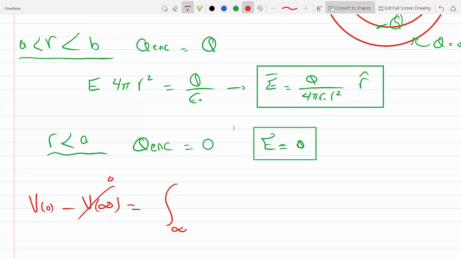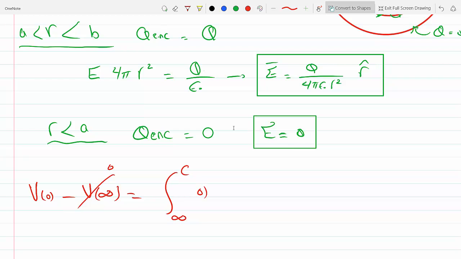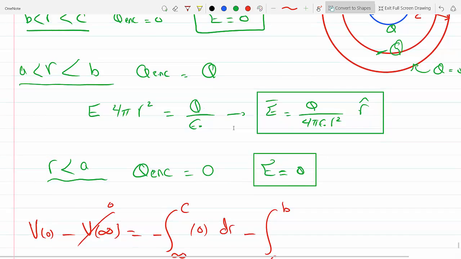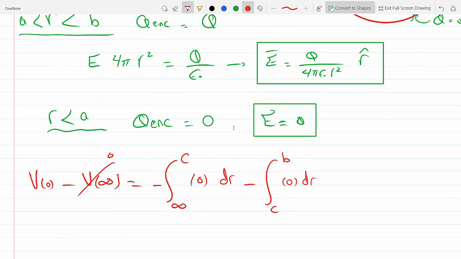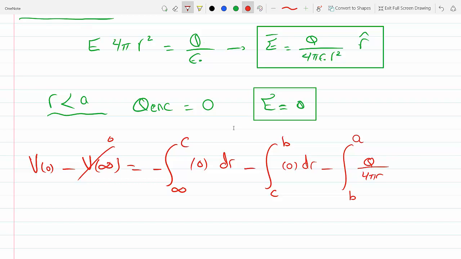Now if I go from infinity to C, the electric field here is 0, minus integral of E dr, then minus C to B, where E is 0 as well, then minus B to A. Here I do have E equal to Q over 4 pi epsilon R squared, R-hat, dr, and the last one, A to 0, is 0.